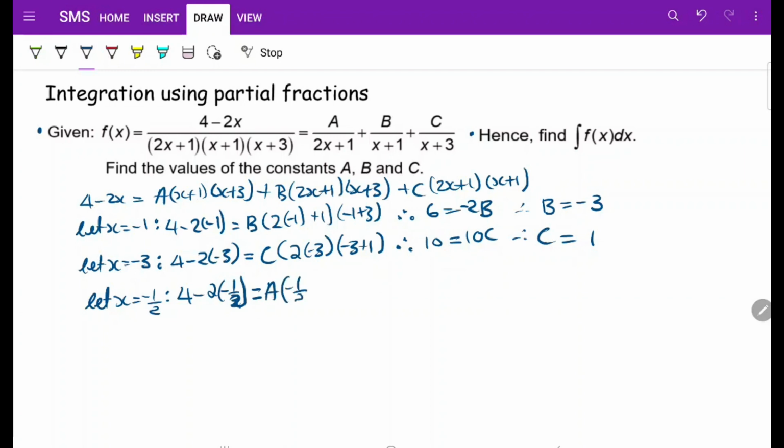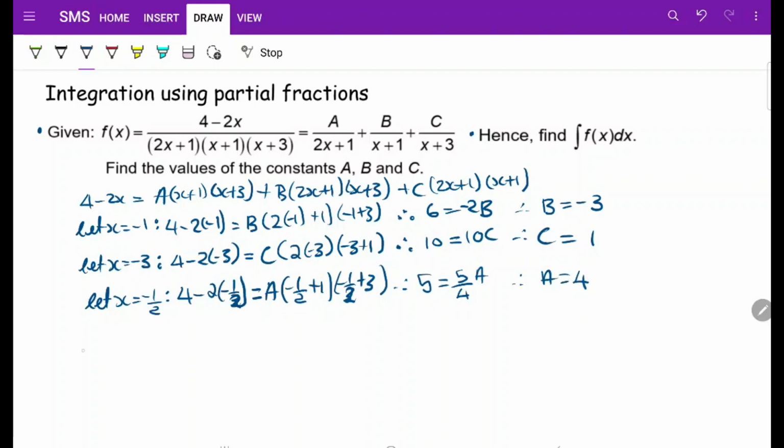So this gives us -1/2 plus 1, and then this gives us -1/2 plus 3. And therefore, if we solve this, it will give us 5 on the other side. This gives us 5/4, and therefore we can safely conclude that a equals 4.